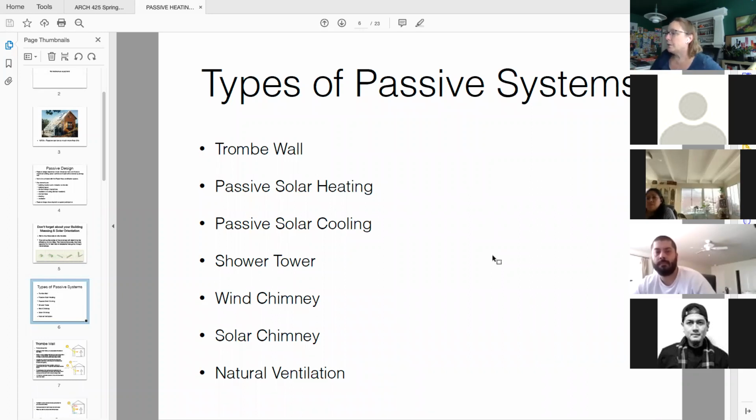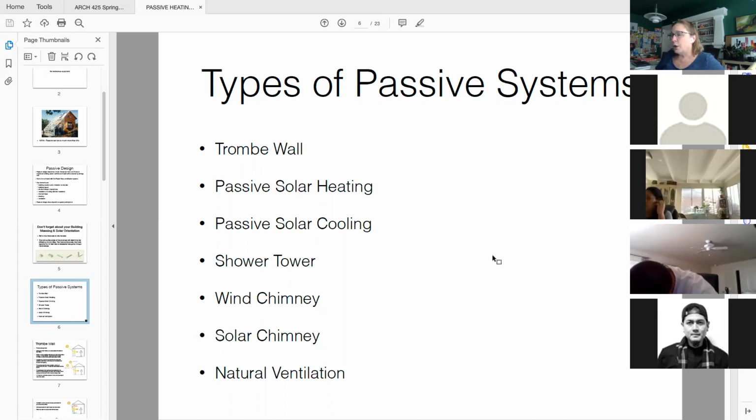There's a bunch of different types of passive systems and all sorts of different names. These are just the more common ones. There's the Trombe wall, which we'll be going over. Just passive solar heating, that's a particular type of system. Passive solar cooling, that's more a combination of shade and ventilation.